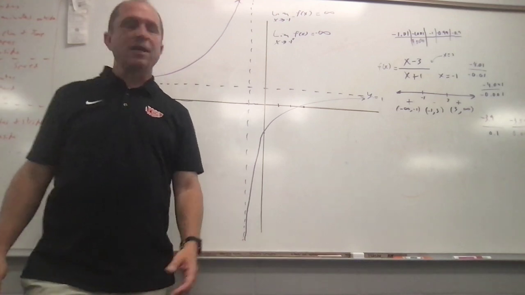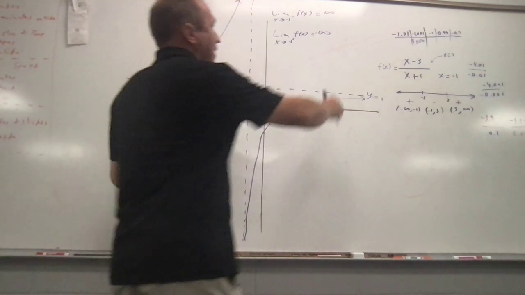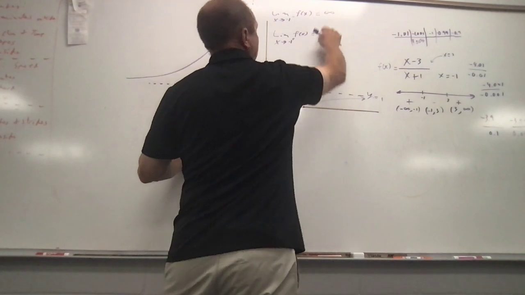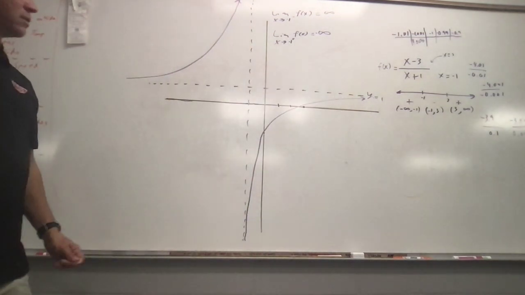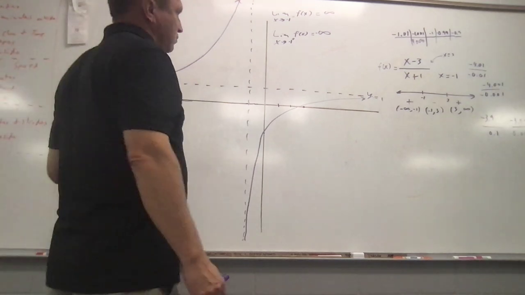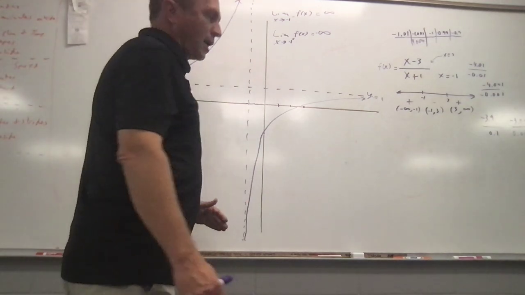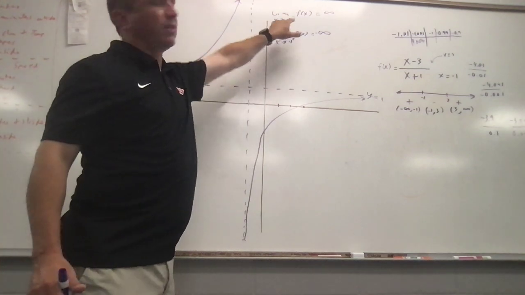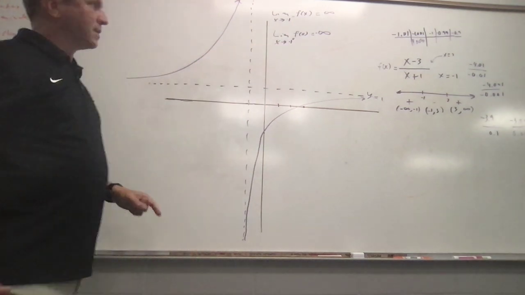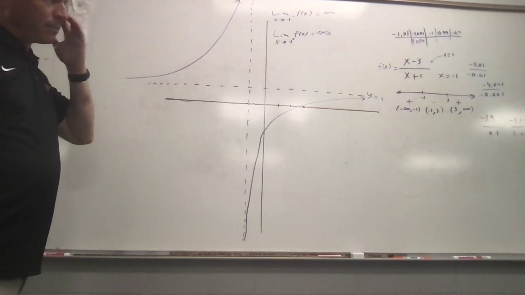In this case, it's not. In this case, the limit does not exist because these two values, even though they can't be equal, don't look alike. They're totally opposite of each other. So, for this reason, we say that the limit does not exist, and again, our right-hand limit is negative infinity, and our left-hand limit is positive infinity.